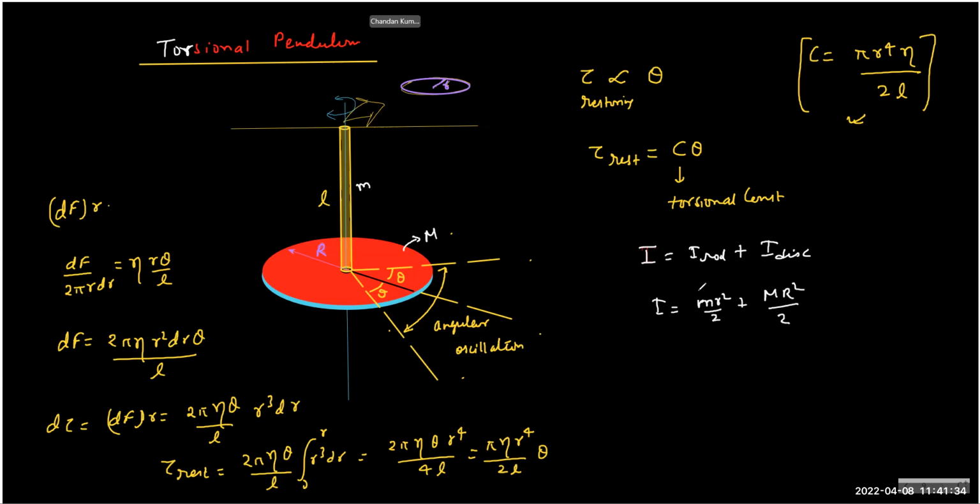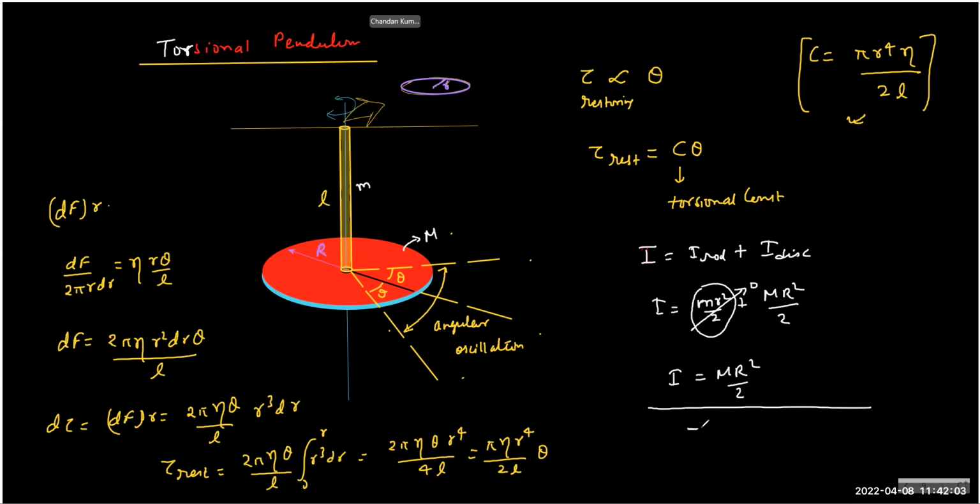But we know that this answer is negligible compared to this answer. So the rod is massless or almost zero mass compared to this. So we take this as 0, and we can write it as M R square by 2. Or if they give the mass, then you have to add everything. But whatever they give, I really don't care.